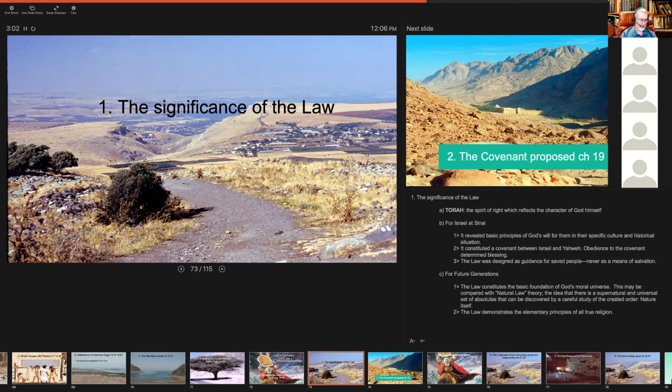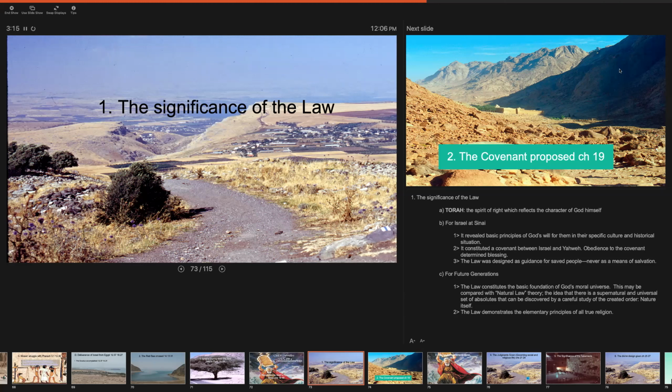For Israel, at Mount Sinai and in the wilderness, the law reveals the basic principles of God's will for them in their specific culture and historical situation. It constitutes a covenant or contract between Israel and Yahweh.